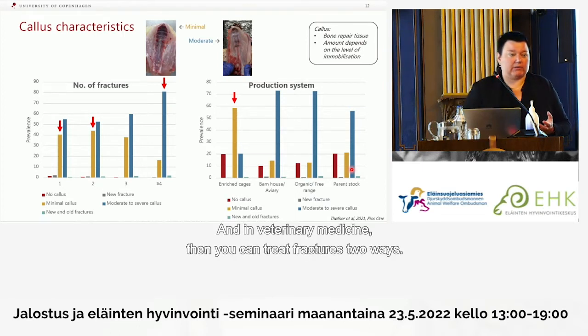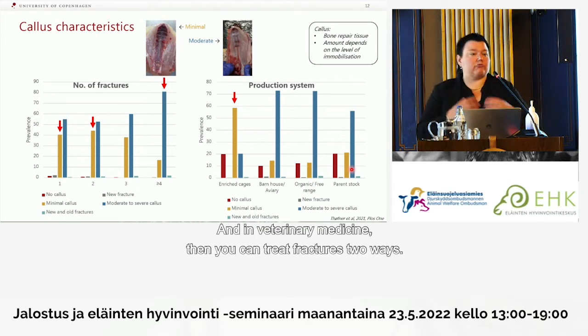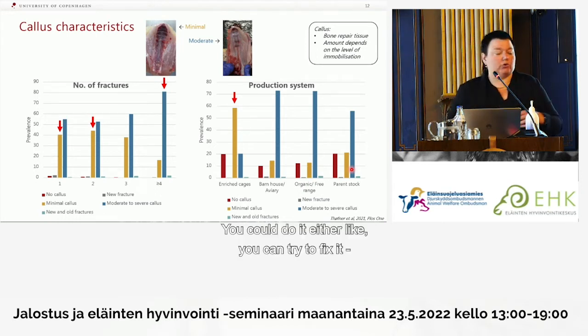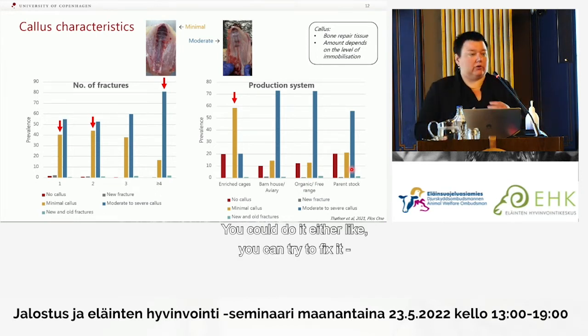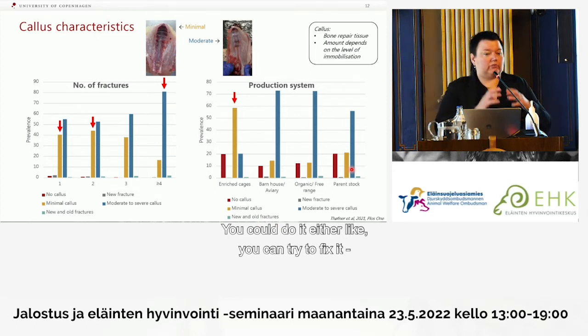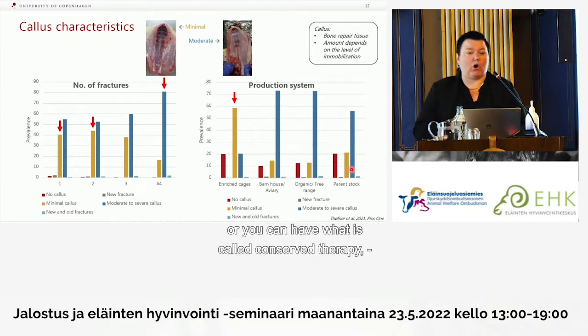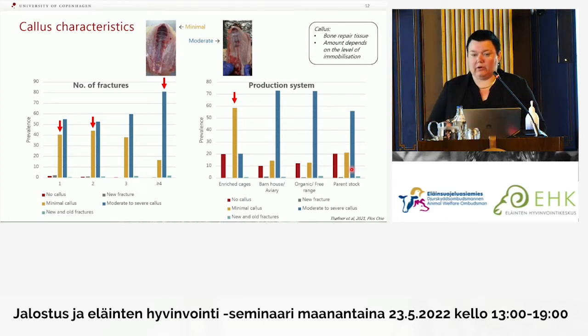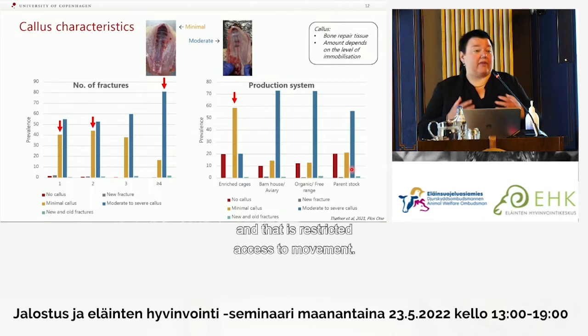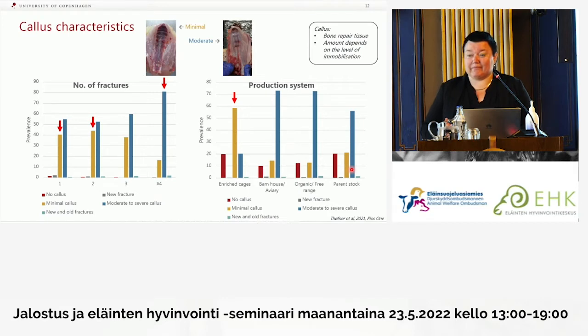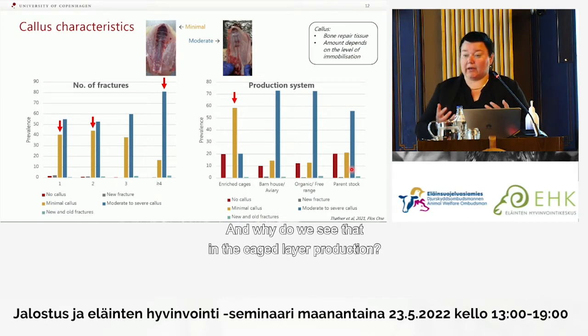In veterinary medicine, you can treat fractures in 2 ways. You can try to fix or immobilize it either surgically or with a cast, or you can have what is called conservative therapy, and that is restricted access to movement. And where do we see that in cage layer production?